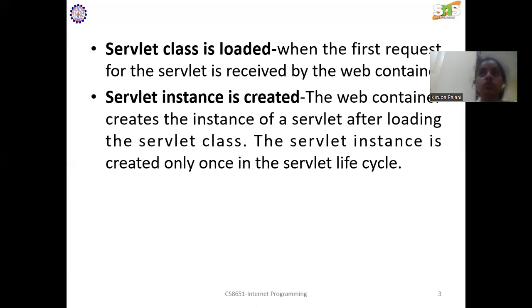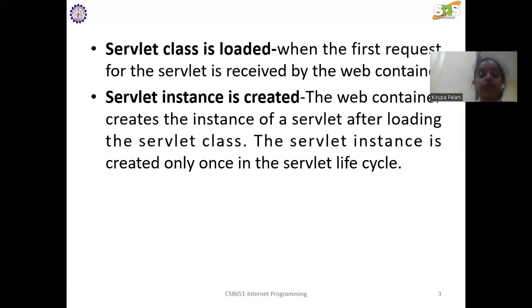The container uses the no-argument constructor. In the first step, the constructor is loaded. So the instance is created: the web container creates the instance of the servlet after loading the servlet class. The servlet instance is created only once in the servlet lifecycle.